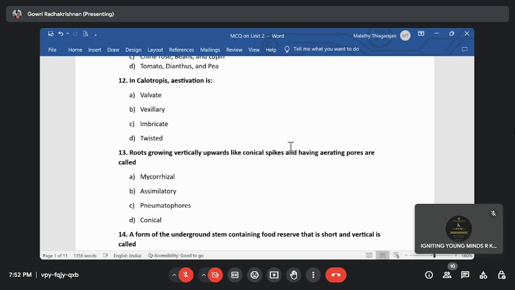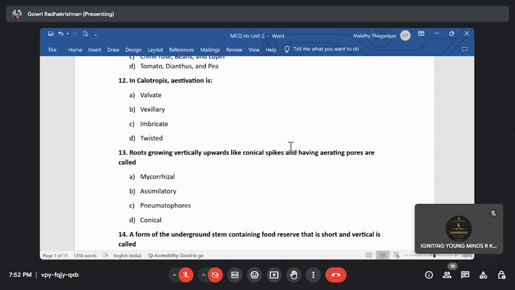In valvate, they do not overlap, ma'am. They don't overlap. All right. Now, Calotropis, does it overlap? It overlaps. So which is the option here where the sepals and petals overlap in a regular pattern? Vexillary, the pattern is a little different. Twisted is also different. A regular pattern, valvate and imbricate, but in which it overlaps.